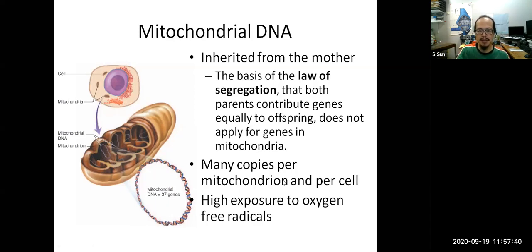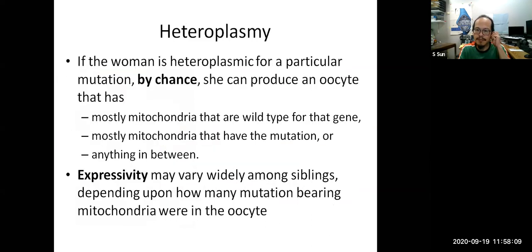Mitochondrial genes are also highly exposed to oxygen free radicals, which means they easily get mutated. Mitochondrial DNA has about 33 genes. They are easily mutated, so they have a higher chance of developing abnormal mutants.